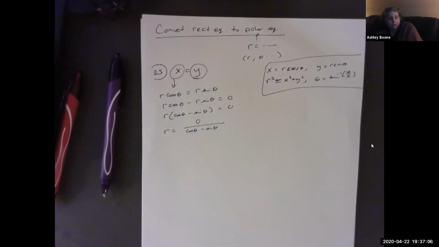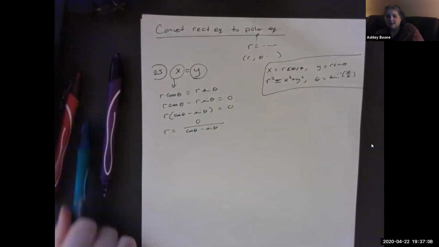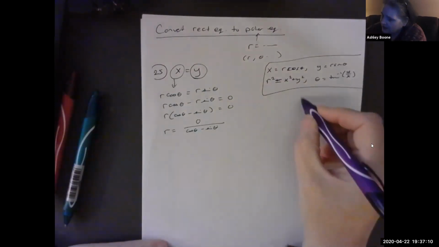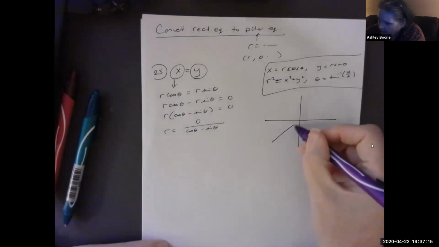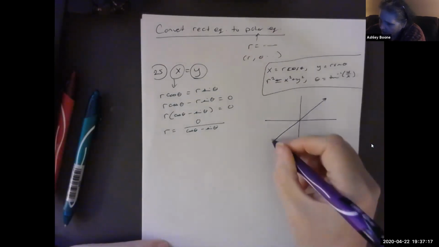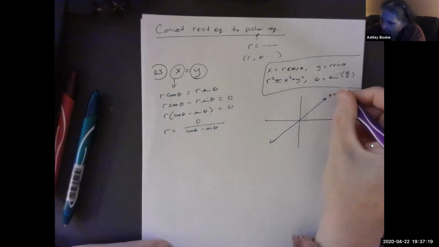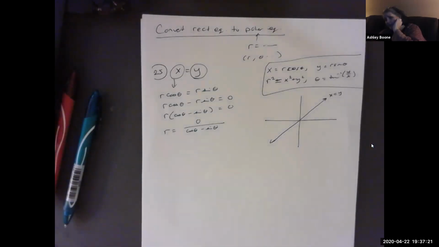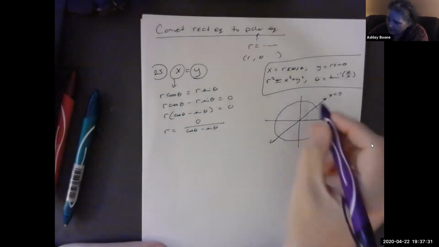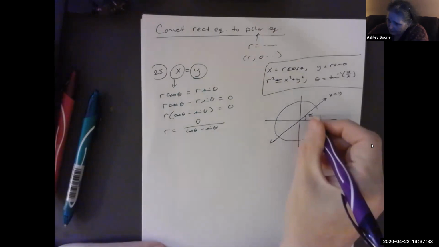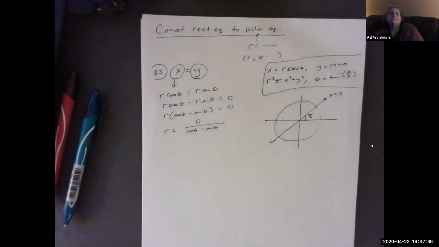This is another special case. Let's think about what x equals y looks like. X equals y fits this line right here. Every x value is equal to every y value, 1, 1, 2, 2, 3, 3, etc. If we think about a circle around this, this is actually the angle pi over 4.